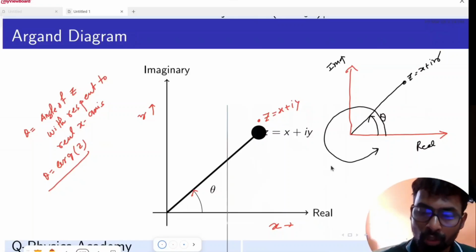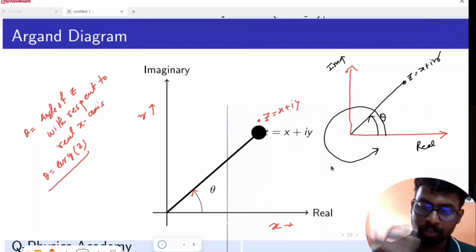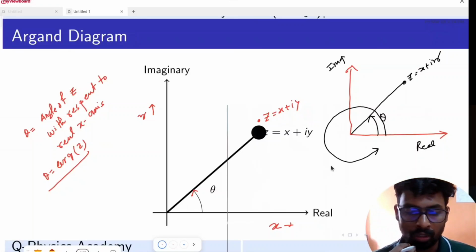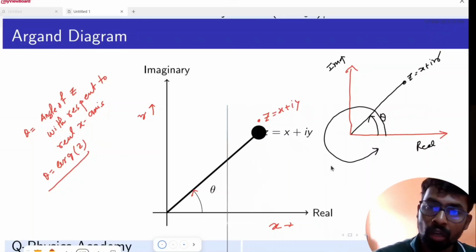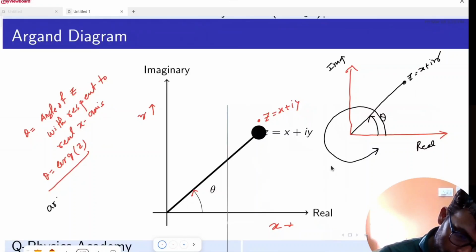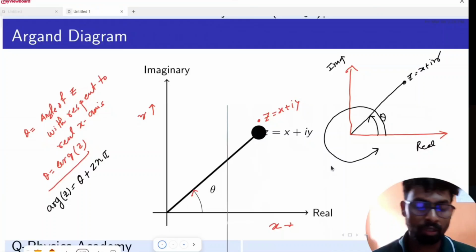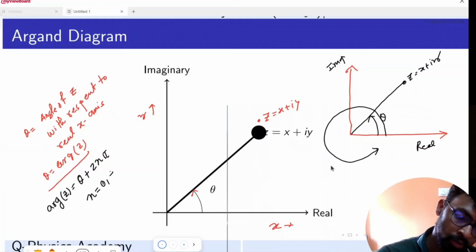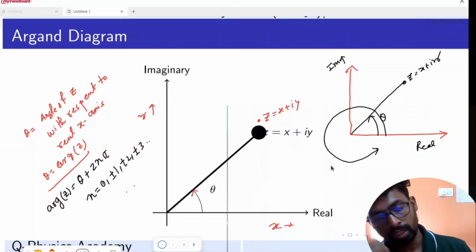So from this argument diagram, we finally conclude that the argument of any complex number is theta plus 2n pi, and n must be 0, plus minus 1, plus minus 2, plus minus 3, and so on.